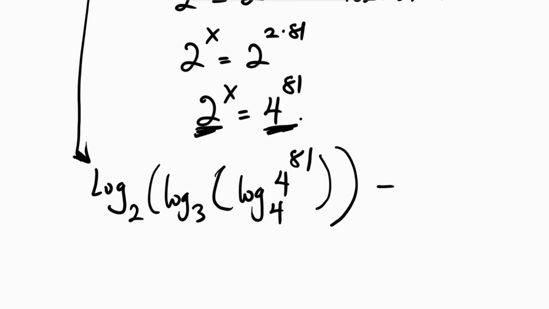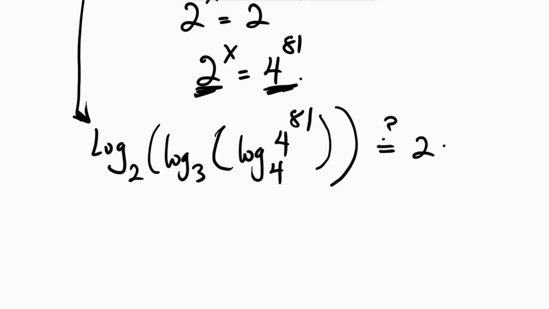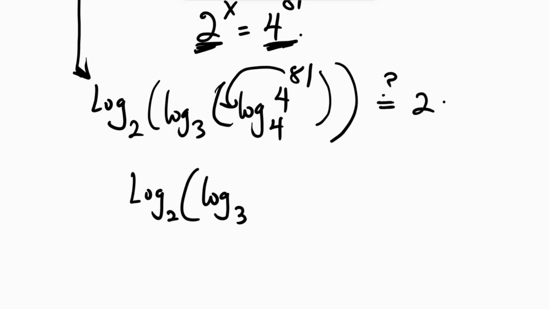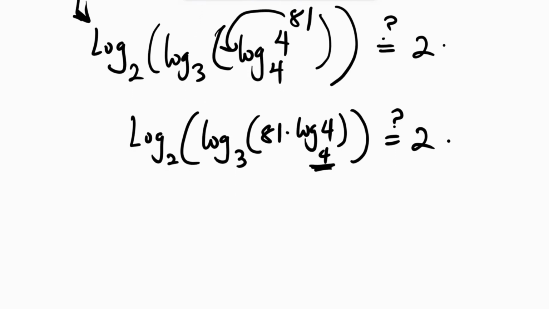Okay, so let's see if this is going to be equal to 2 at the end of the day. Perfect. So 81 comes to the front, and then we have log base 2, log base 3, of 81 times log of 4 base 4. This is going to be equal to 2. Log of 4 base 4 equals 1.